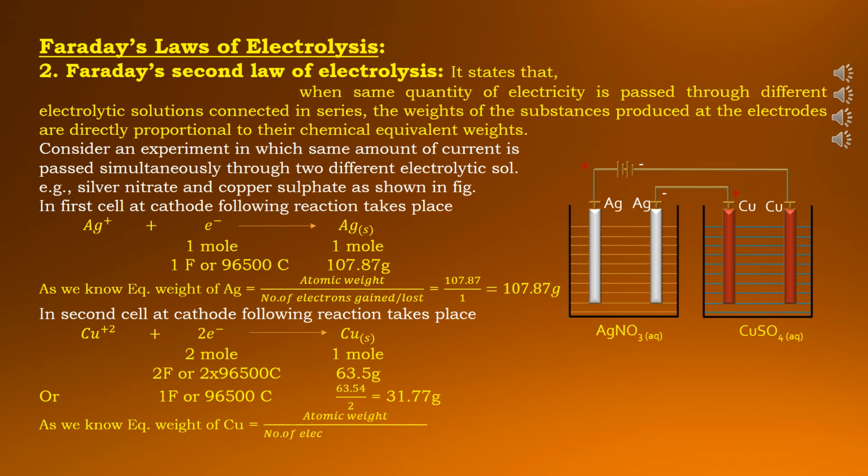That means 63.54 divided by 2, which comes out to be 31.77 gram. So thus, when the same quantity of electricity is passed through different electrolytic solutions connected in series, the weights of the substances produced at the electrodes are directly proportional to their chemical equivalent weights.